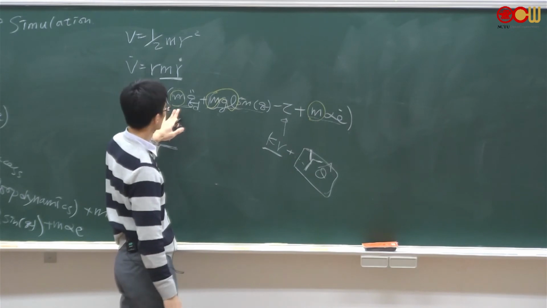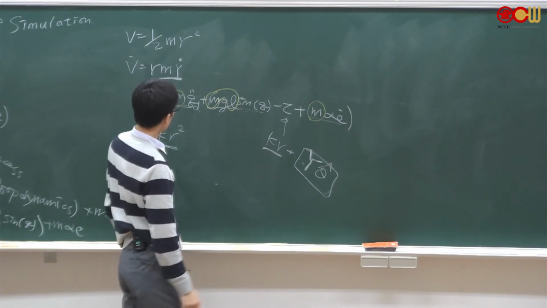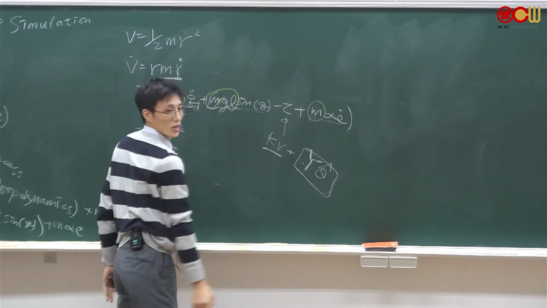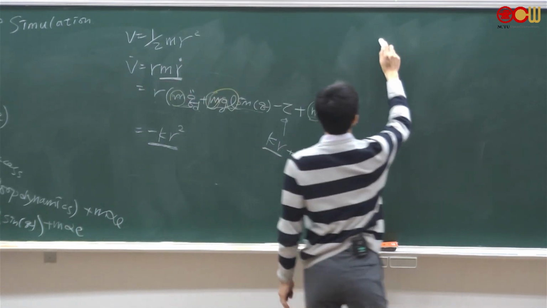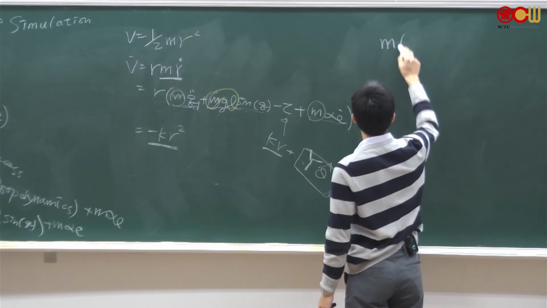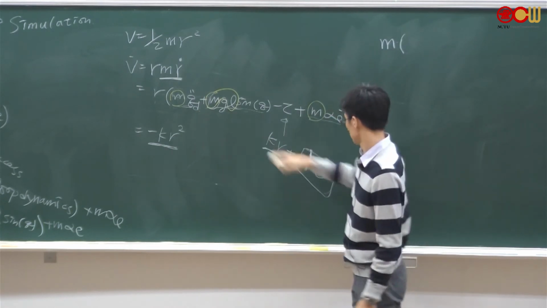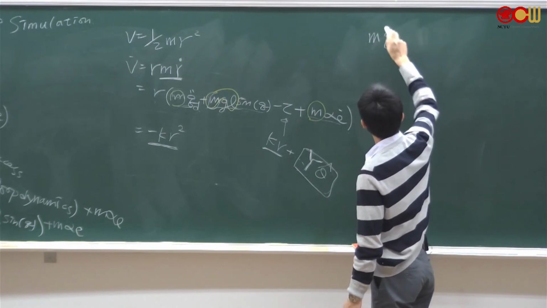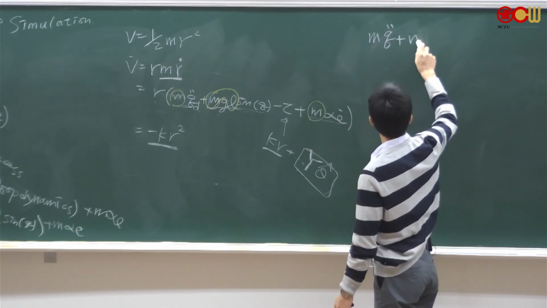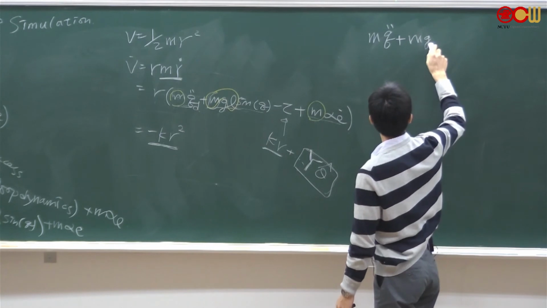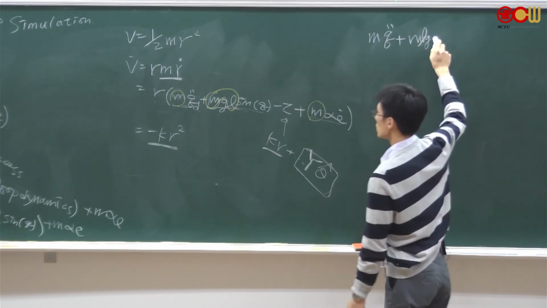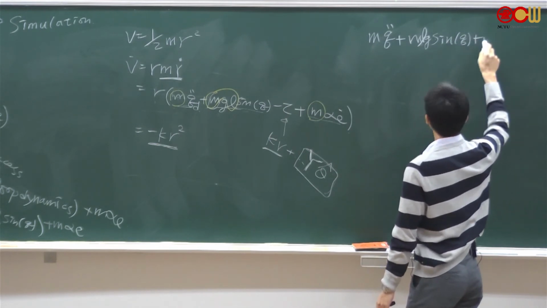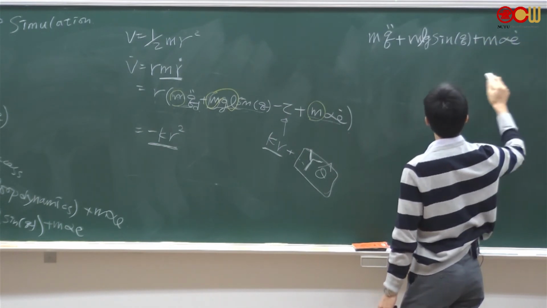Do you understand? So the way we do it is you have m here, you have m here, right? So I combine the two. I say m times mq double dot times mg, mlg sine q, plus m alpha e dot.